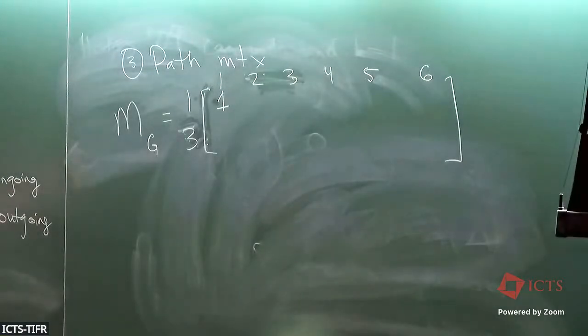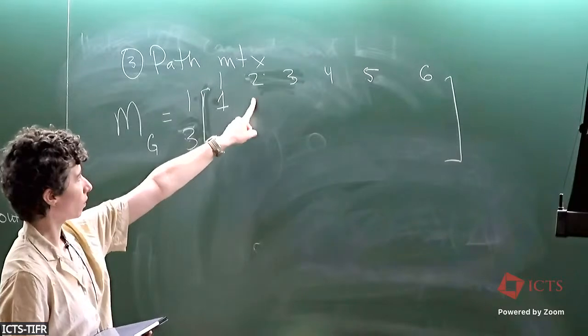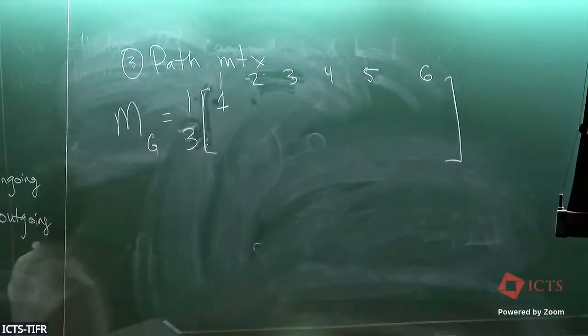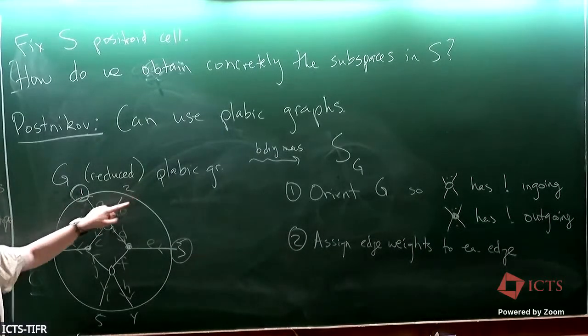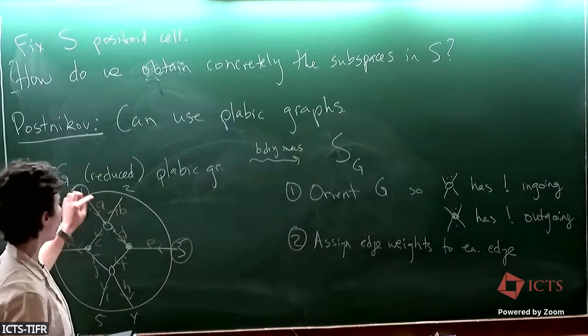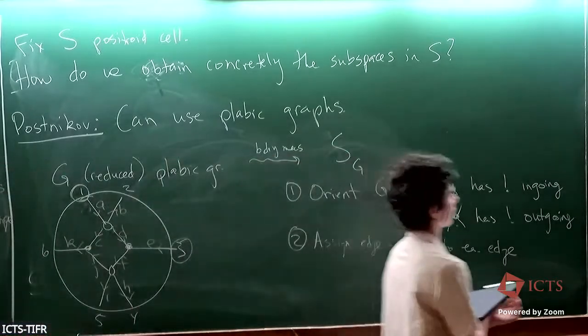Let me do another example so the weight is clearer. What about this entry 1,2? This is supposed to record paths in my graph that go from 1 to 2. There's exactly one of them, and it travels along edges weighted A and B. So that means that the weight of that path is A times B, and that will be the entry that I put in my matrix there.